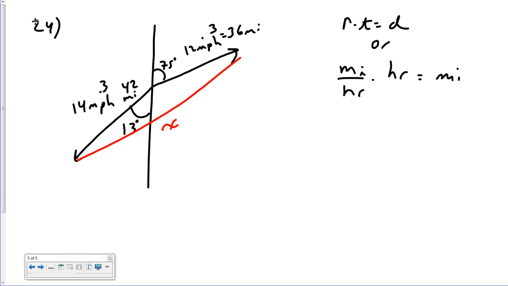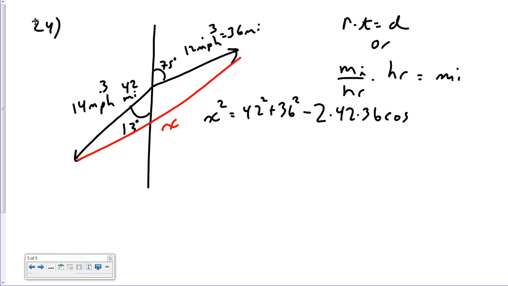And that's all good. So now what I want to do is go ahead and write down my law of cosines. So x squared equals 42 squared plus 36 squared minus that small part, which is going to be 2 times 42 times 36 times the cosine of the opposite angle.